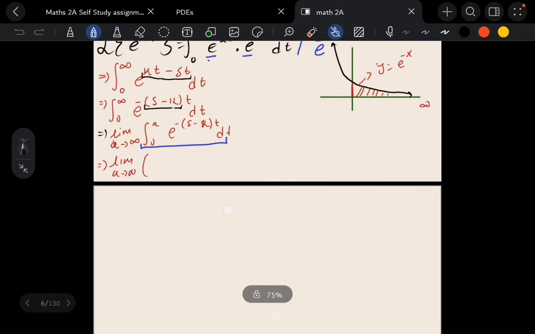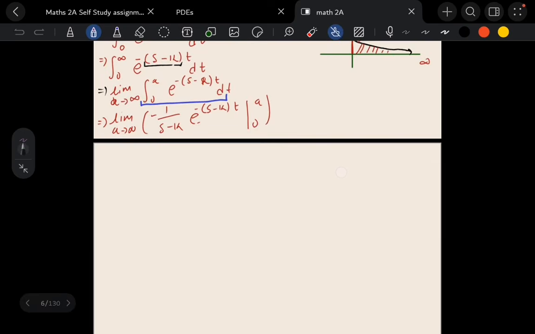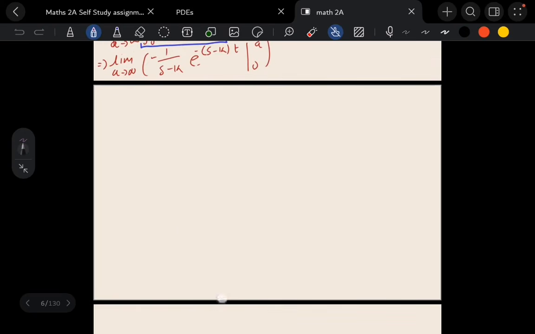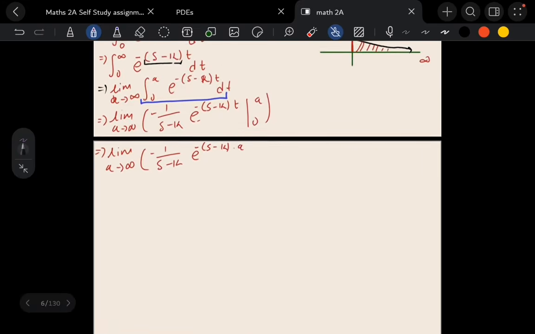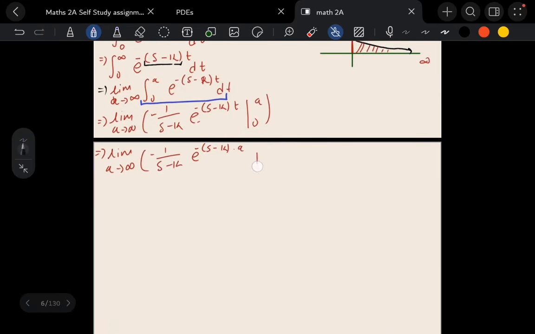Right. So when we integrate this part, we are going to have the limit as a approaches infinity of negative 1 over s minus k times e to the power negative s minus k, t, between 0 and a. Right, substitute a in. I'm going to have the limit as a approaches infinity of negative 1 over s minus k, e to the power negative s minus k times a, and then if you substitute 0 there, I'm going to have plus 1 over s minus k.